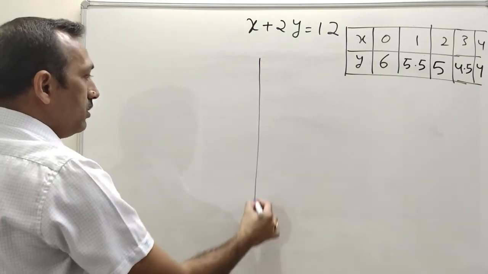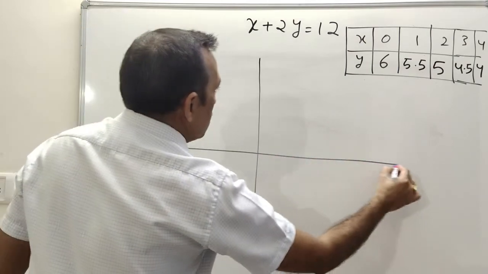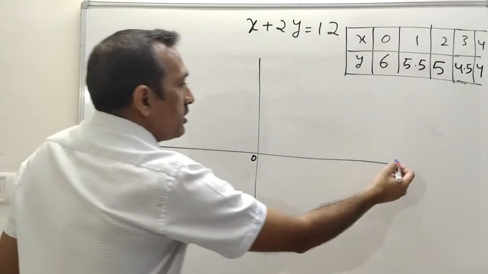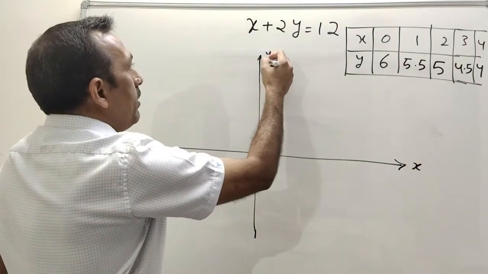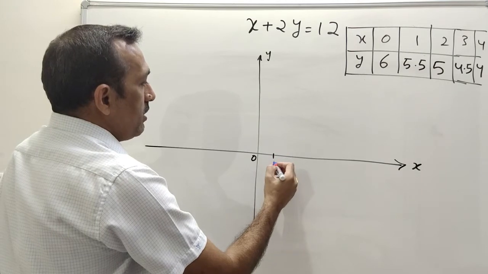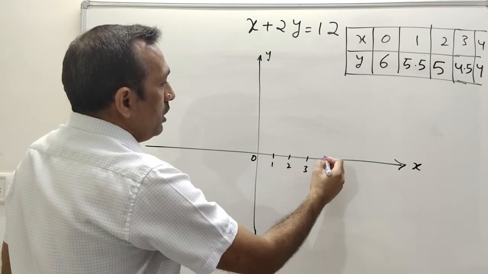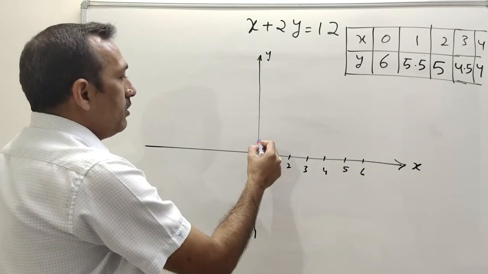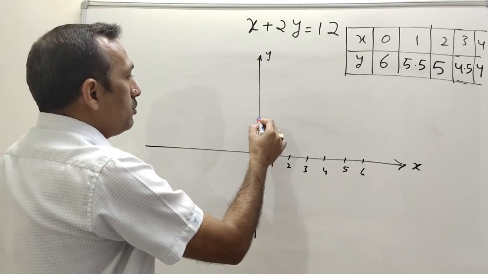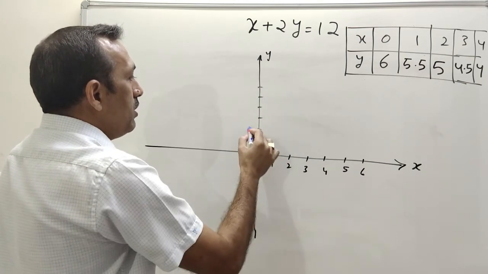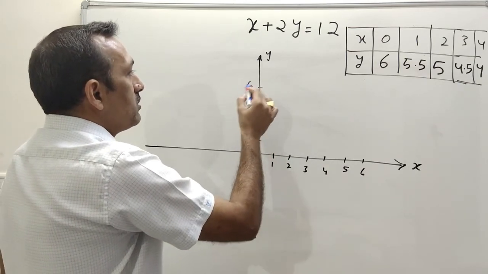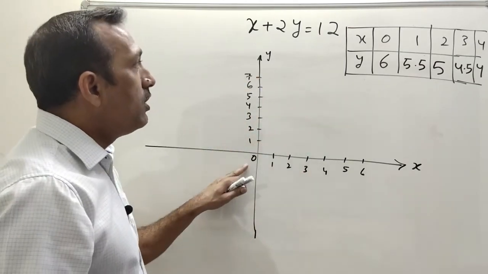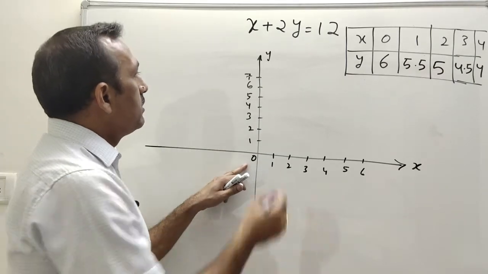Now, if I plot this on a graph, and if I take this as origin, that is 0 0, this is x-axis, this is y-axis, and if I write values here, say 1 2 3 4 5 6, and similarly on the y-axis 1 2 3 4 5 6 7. So when the value of x is 0, value of y is 6, that means it is here.